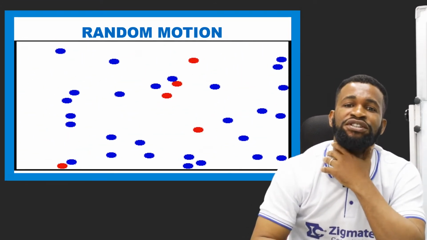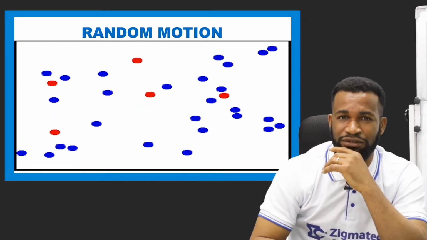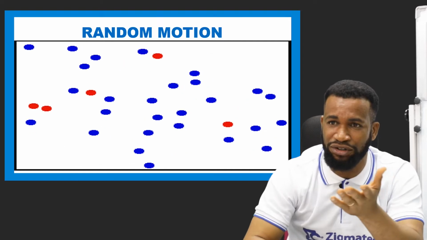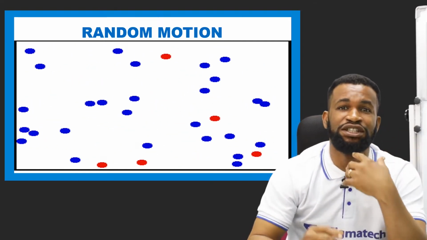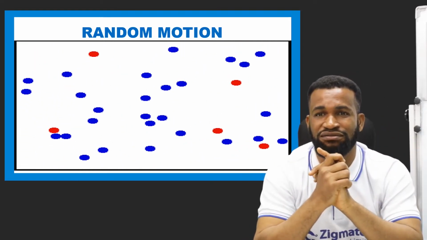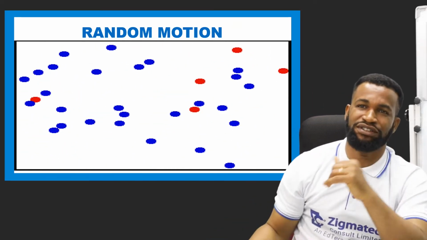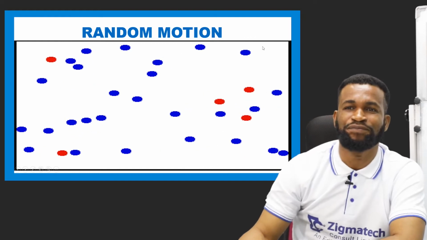The screen you're watching best explains what I mean: the blue and red balls or particles moving, hitting the walls of the container profusely and non-directionally, is what random motion signifies.